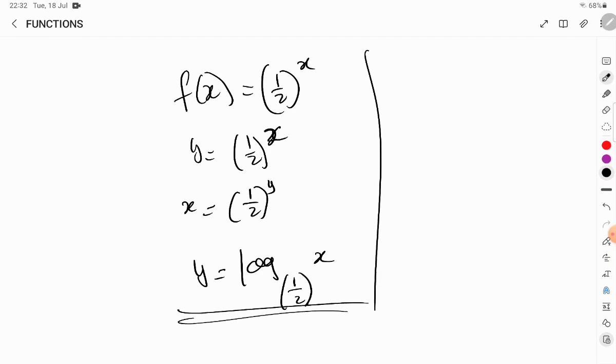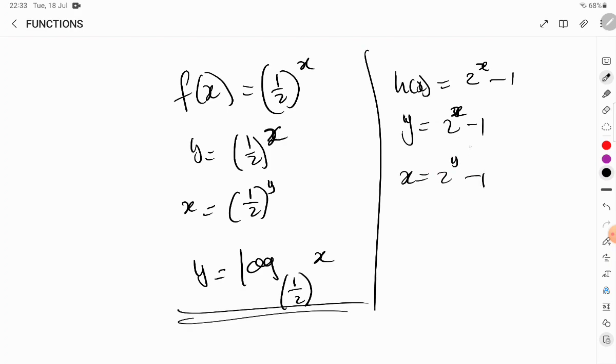Again, let's take another example here. h of x is equal to 2 to the power x minus 1, right? First, you write it as y is equal to 2 to the power x minus 1. Then you interchange from here. x is equal to 2 to the power y minus 1.